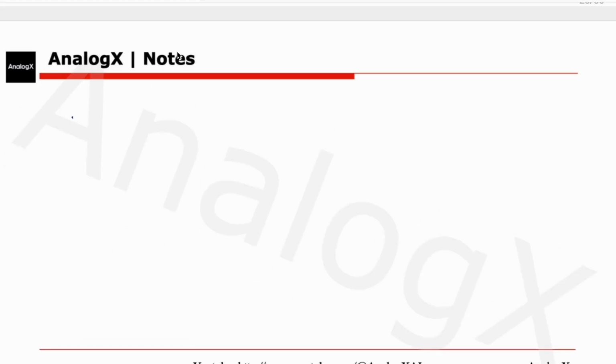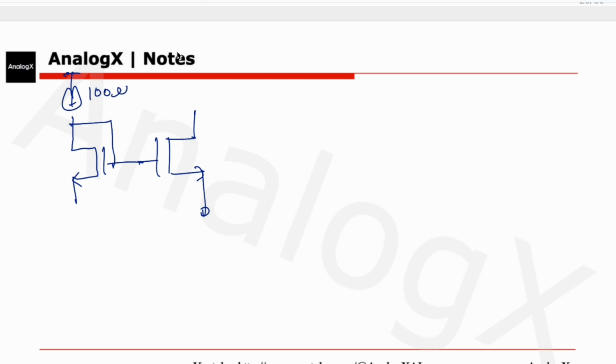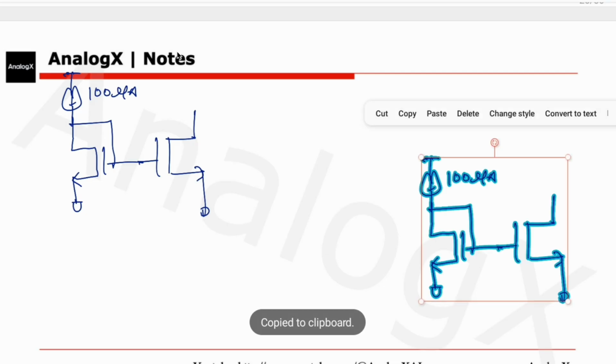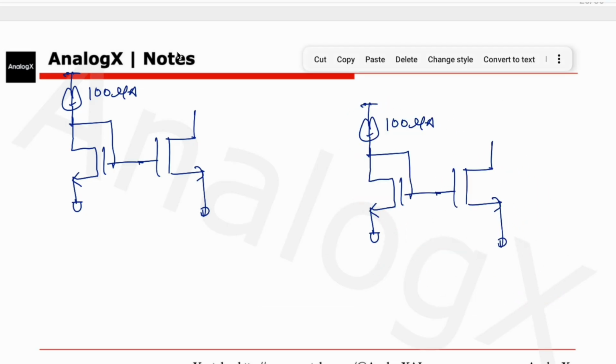Now let's compare both results. This is our simple current mirror, with 100 microampere. Let me copy this one, and we are adding one cascode here, so one more transistor mirrors here.